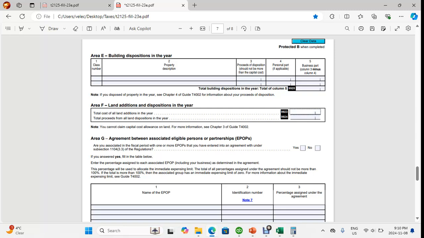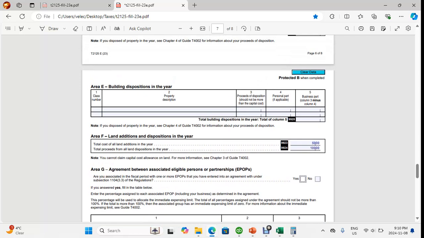So let's say the cost of all land additions in the year, the total cost of the land that you purchased, your real estate property, is $5,000. And total proceeds from sale, let's say this is $10,000.